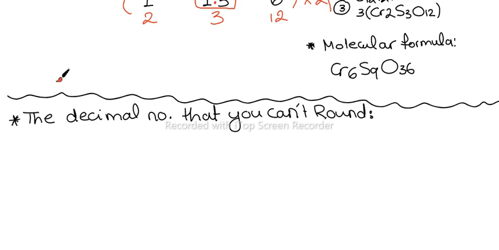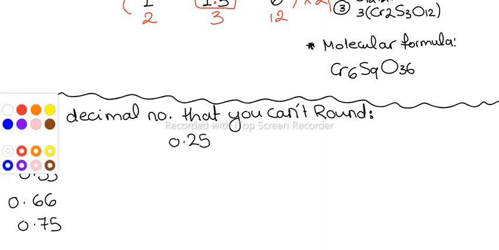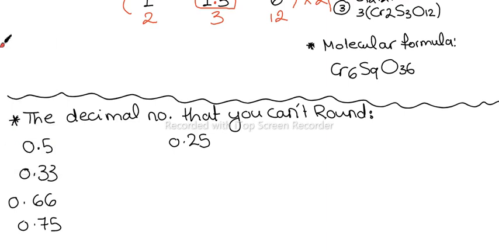Inside the past paper, they may ask about the half as in this question. They may give you also 0.33. There could be also 0.66. Another one could be 0.75. And I have also 0.25.